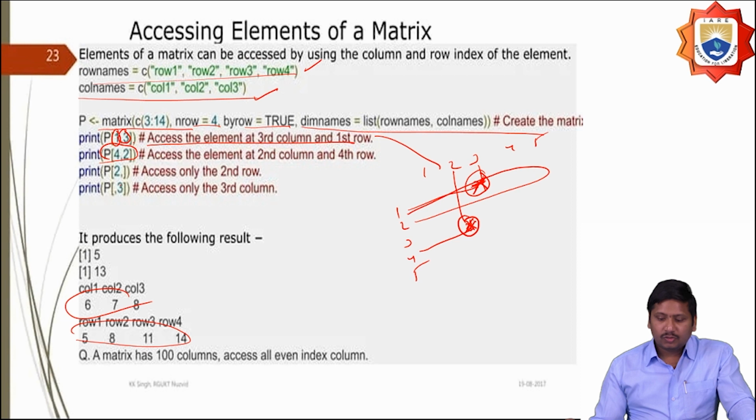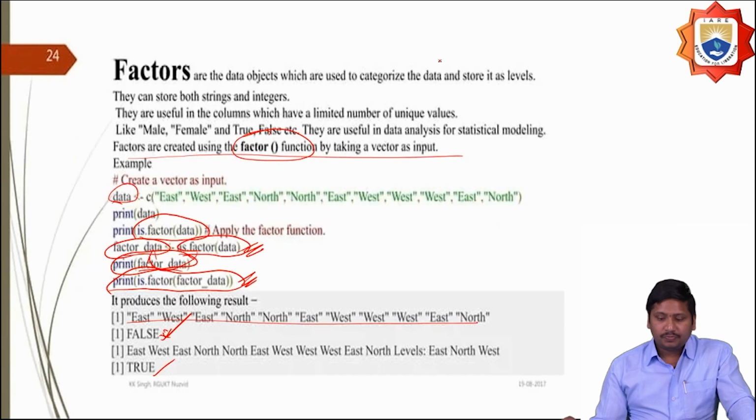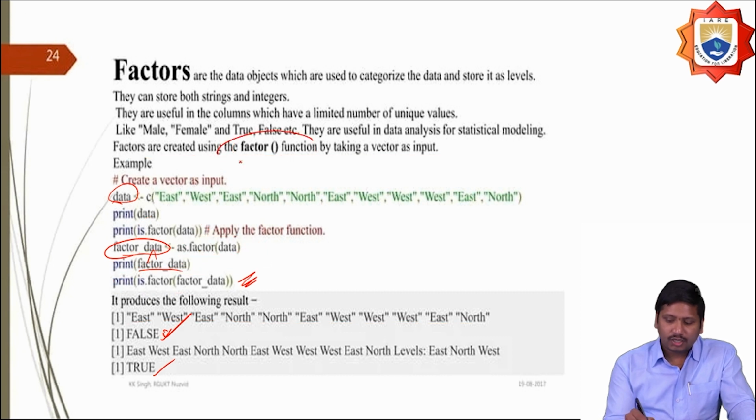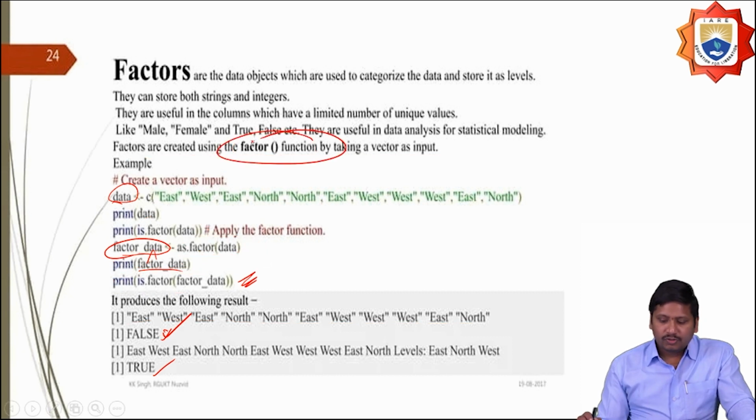Accessing the elements should also be done with the help of the row and then column index value of the matrix. And factors are generated by making use of the factor function here. By making use of this factor function, you can generate them.